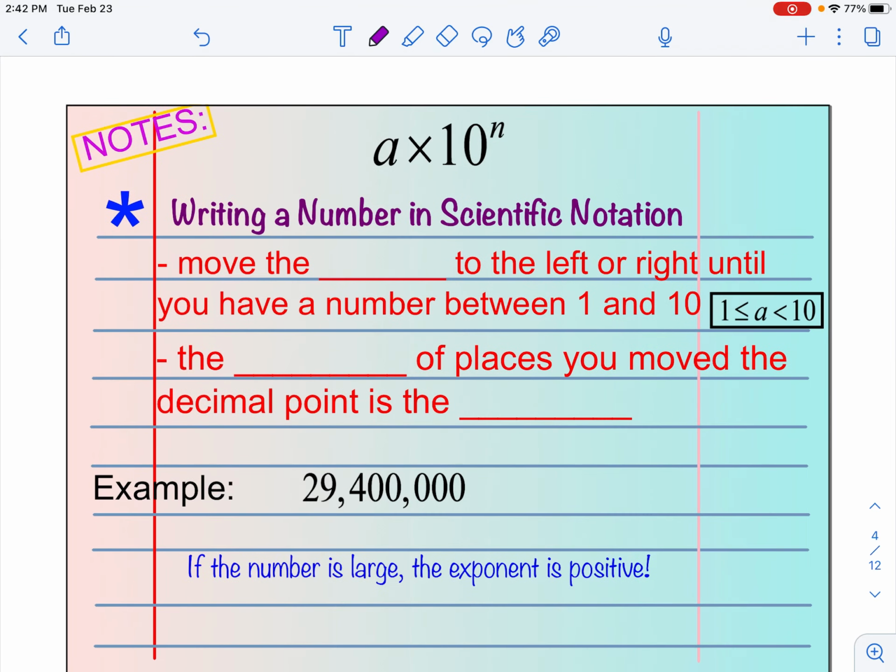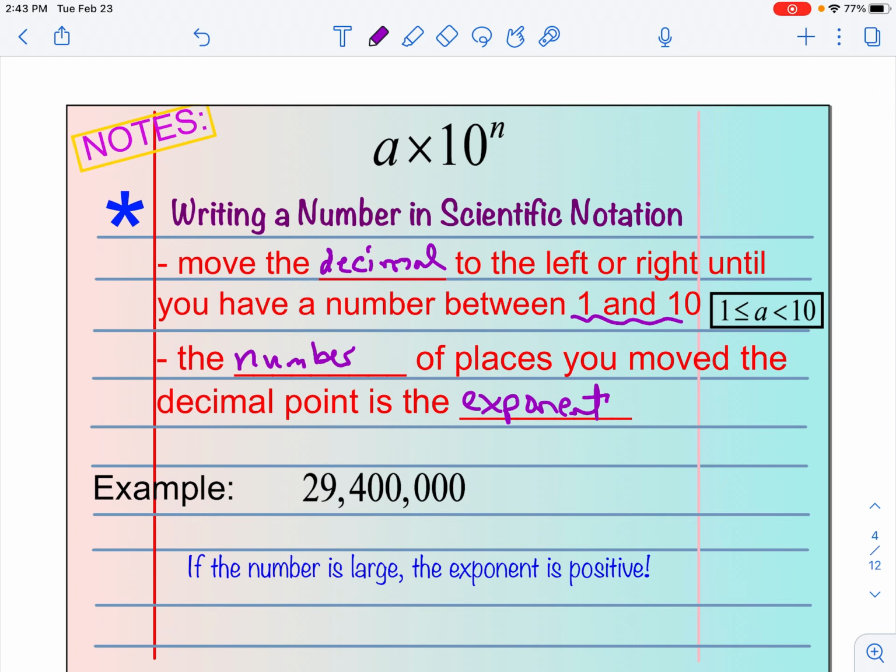So when we write a number in scientific notation, we're going to move the decimal point to the left or right until we have a number that's between 1 and 10, basically. And the number of places you move the decimal point is the exponent that you use.